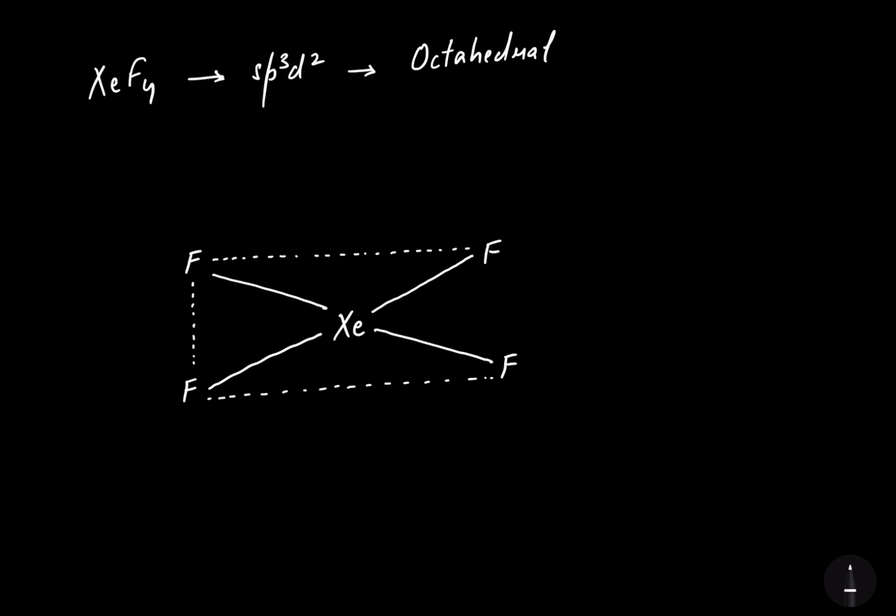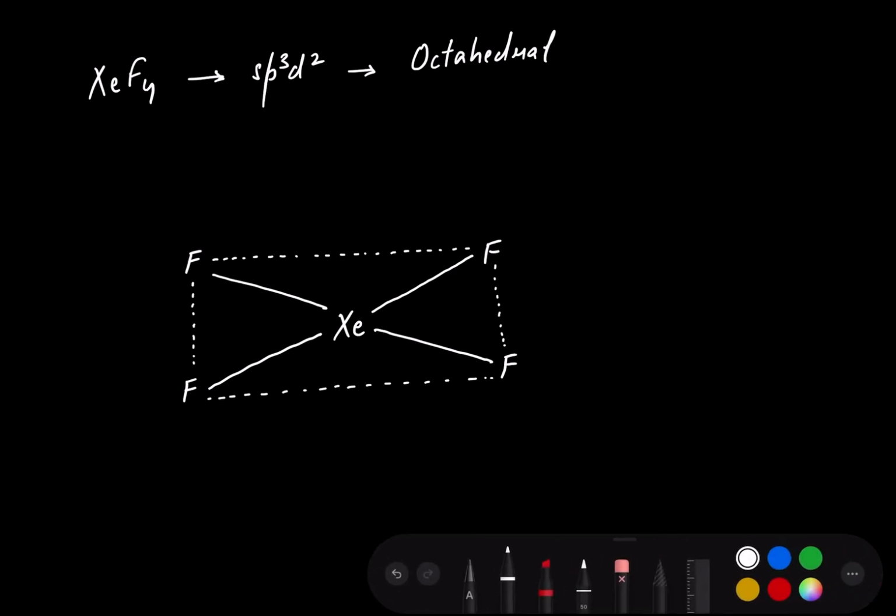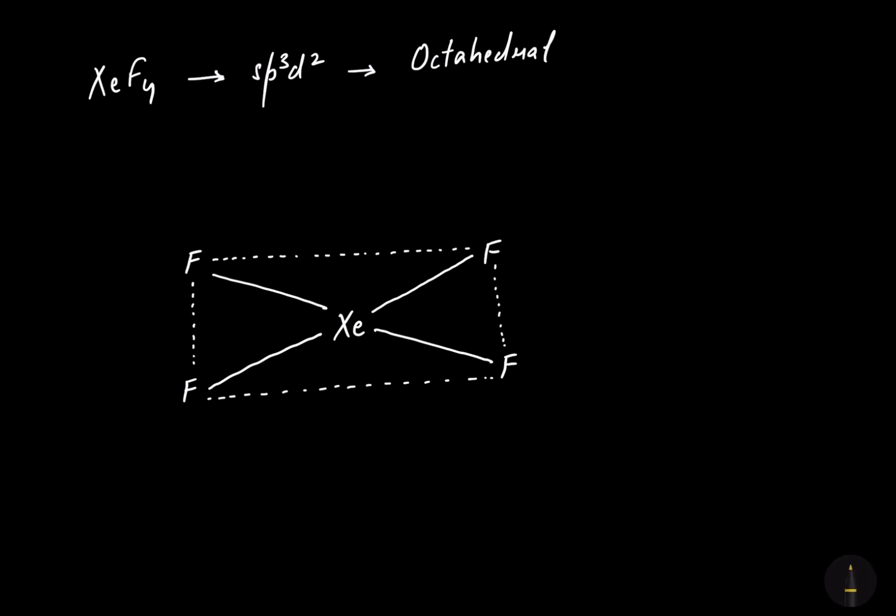So we got the square plane of XeF4. We are left with 2 lone pairs, and we have to adjust those two lone pairs on the axial positions. I got the first lone pair on the first axial position, and opposite to this we got the second lone pair on the second axial position.